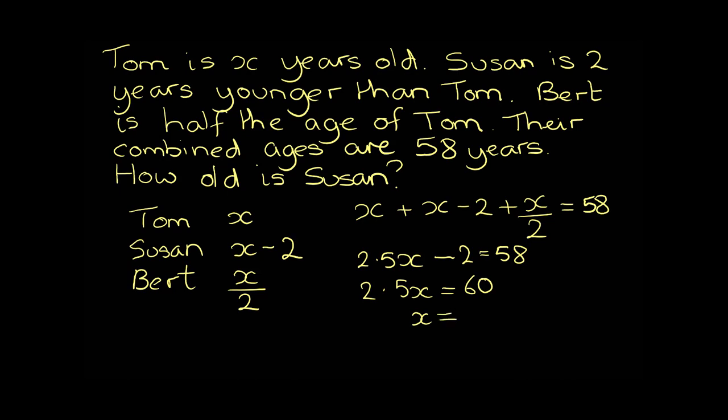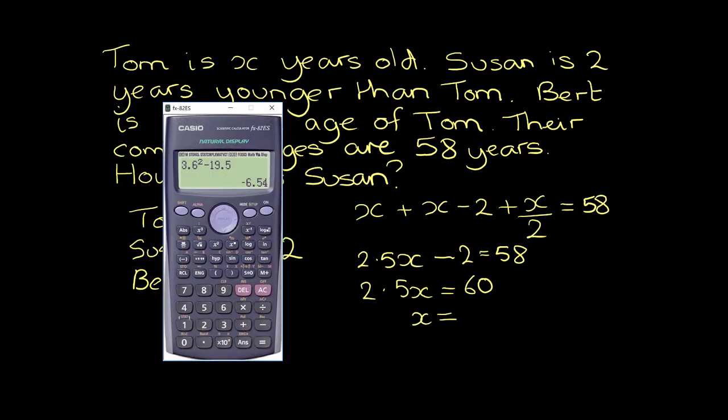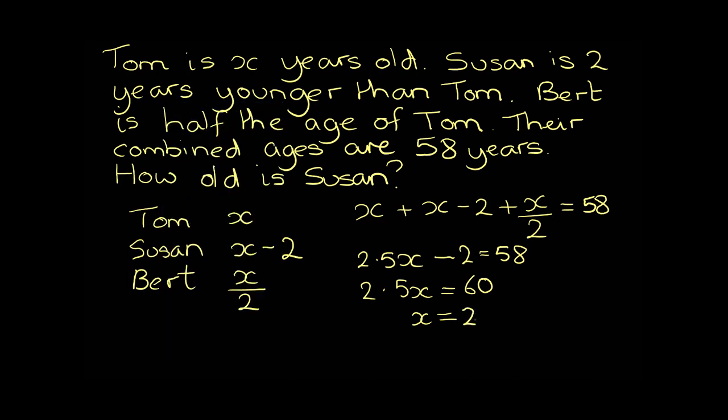Okay, so let me bring the calculator up. We'll do it that way. Let me just clear off what was in there before. So we've got 60 divided by 2.5, and that gives us an answer of 24. So X is 24. Now, the question asked us how old Susan is. X is how old Tom is.